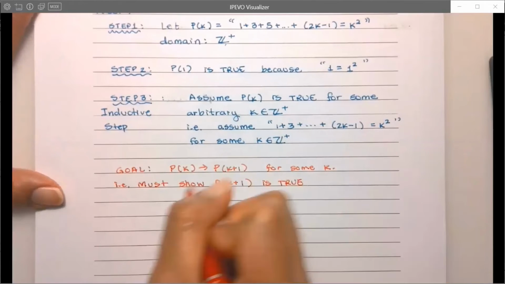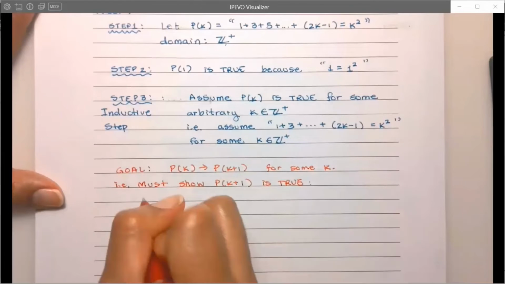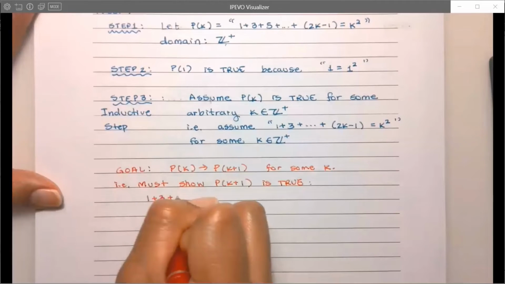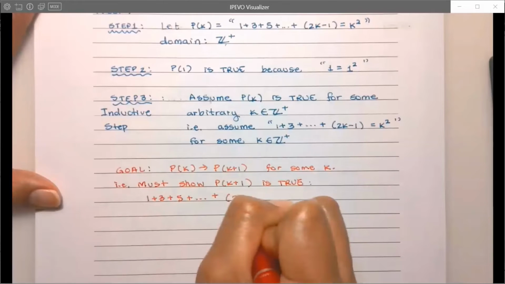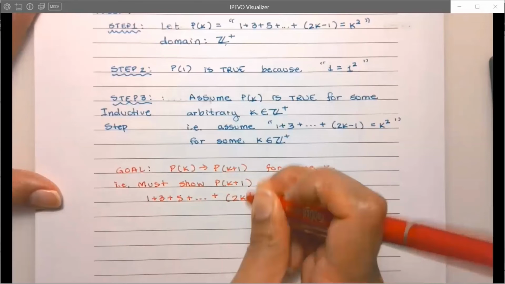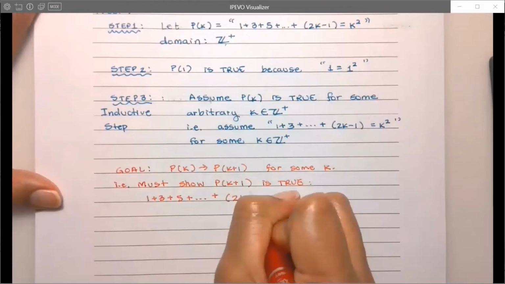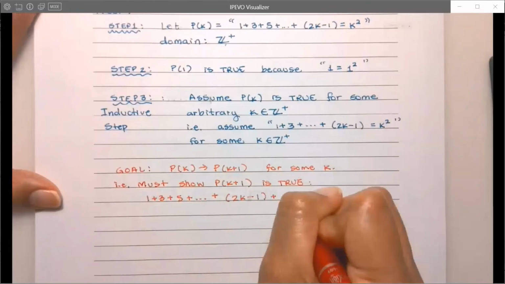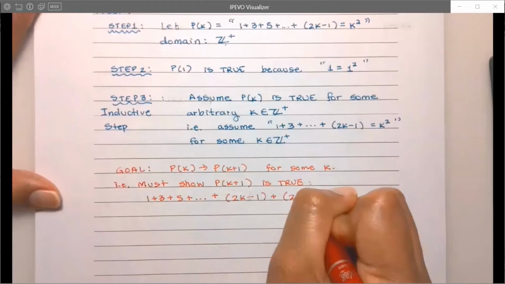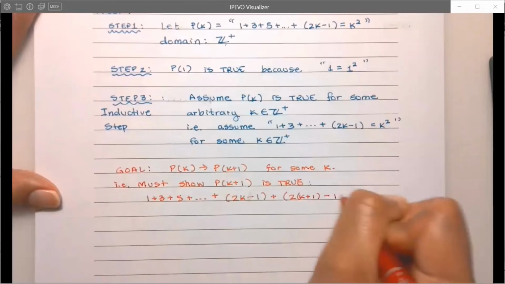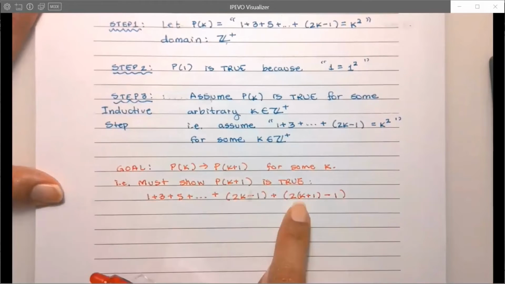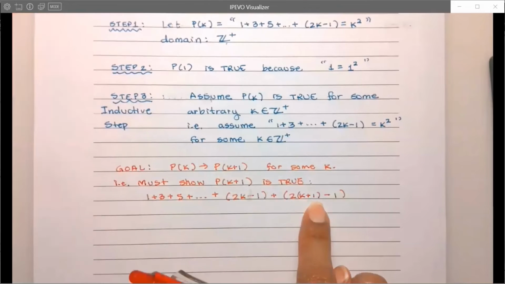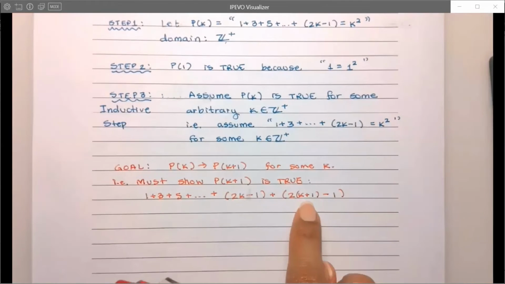And P of k plus 1 is true would be the statement that 1 plus 3 plus 5 plus all the way down to 2k minus 1 plus 2 times (k plus 1) minus 1, because remember, this is the sum of the first k odd integers, and then for the (k plus 1)st odd integer, we would have 2 times (k plus 1) minus 1.